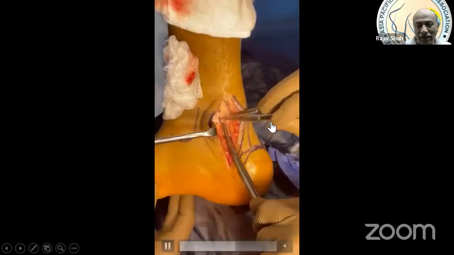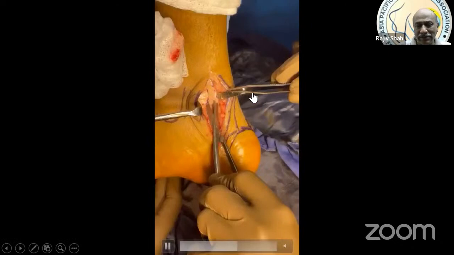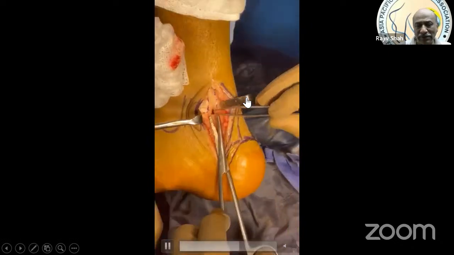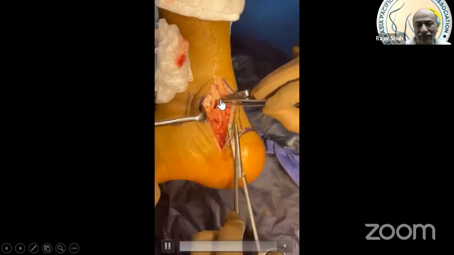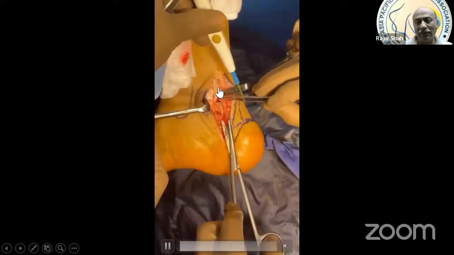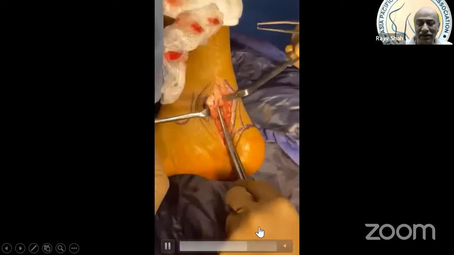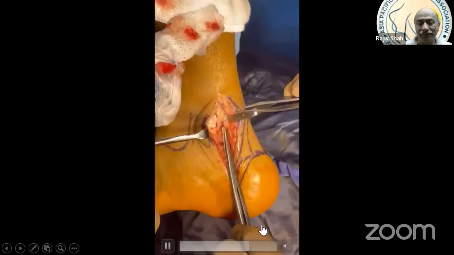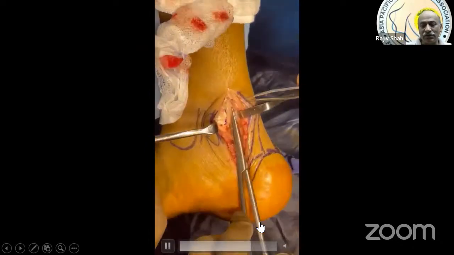So what I have done, I have opened up the tendo Achilles on one side. I am opening this aponeurosis, and then when I open it, I will be seeing the fleshy muscle fibers of flexor hallucis longus.